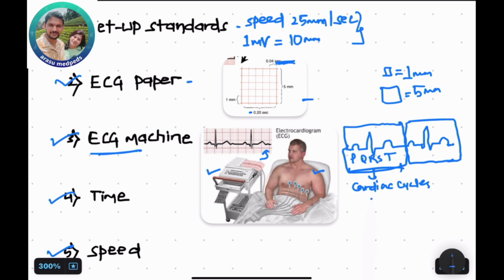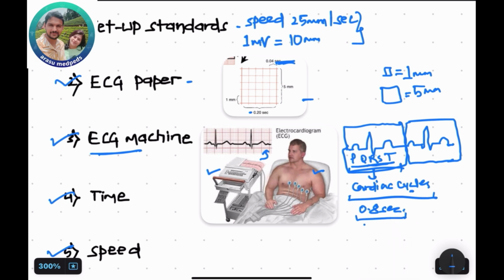We know that one cardiac cycle lasts for 0.8 seconds. This is the basics from physiology, right? So the PQRST segment is considered one cardiac cycle, and this whole segment occurs over 0.8 seconds. This was the first thing they observed.